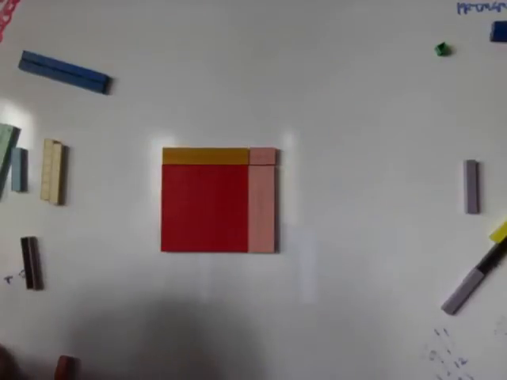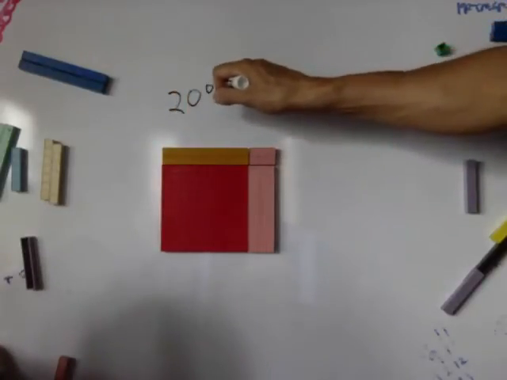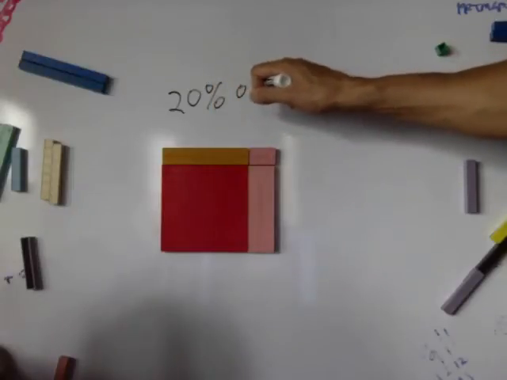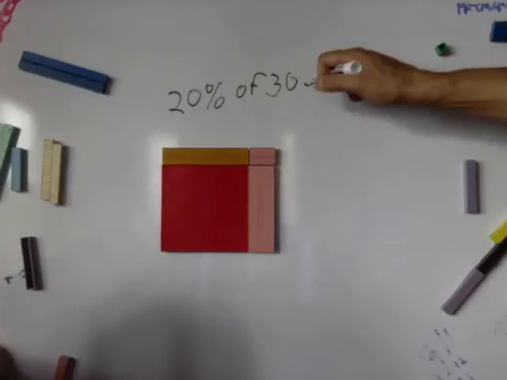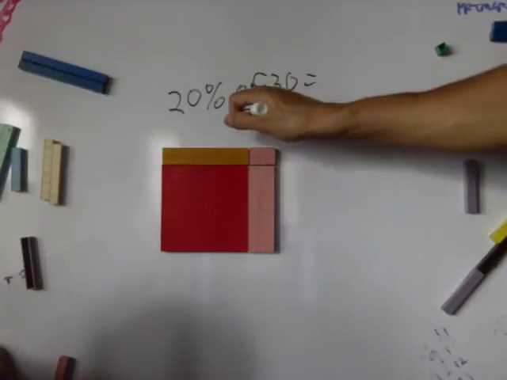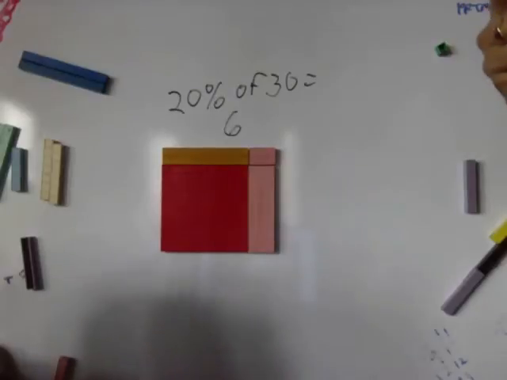So now I can see, and I'm going to write it so you can see it. 20% of 30 is how much? Exactly. 6. Now I get it. Easy, isn't it? All right, I'm going to give you another one.